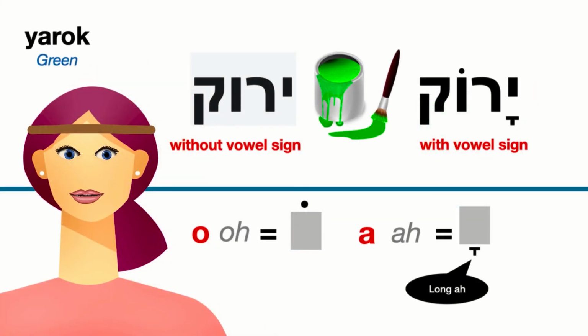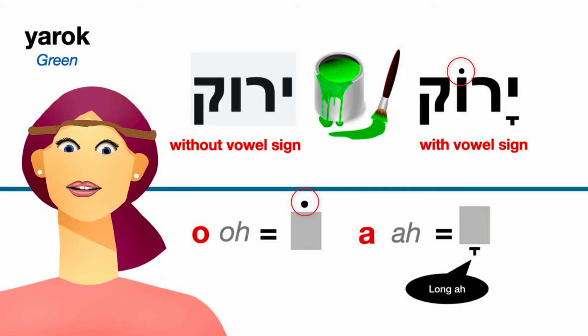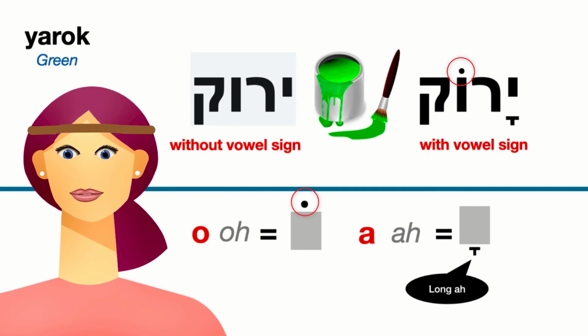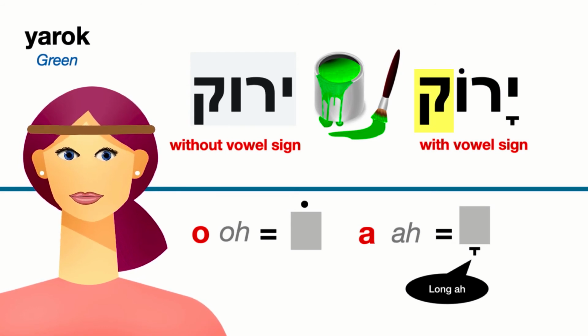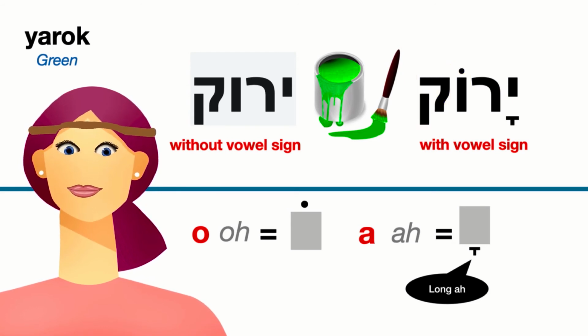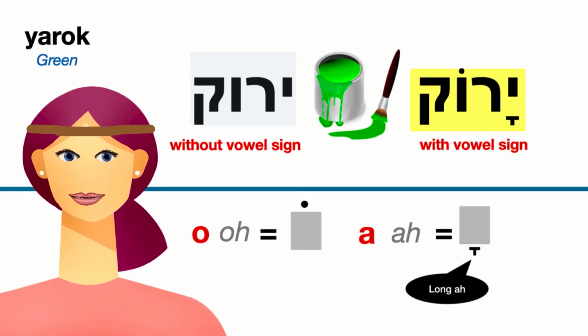Note that under the yod is a kamatz, the nikud sign for pronouncing a long A sound. And on top of the letter vav is the nikud sign for pronouncing an O sound. So, we have a ya, an R, an O, and a K. That's why we say, ירוק.